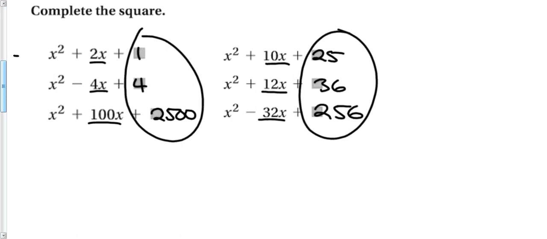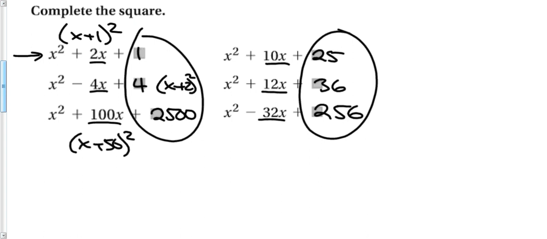If I were going to factor the first equation right here, it would factor into x plus 1 squared. If I were to factor the second one, it would factor into x plus 2 squared. The last one, x plus 50 squared. And if you FOIL that out, you will get back to this trinomial.